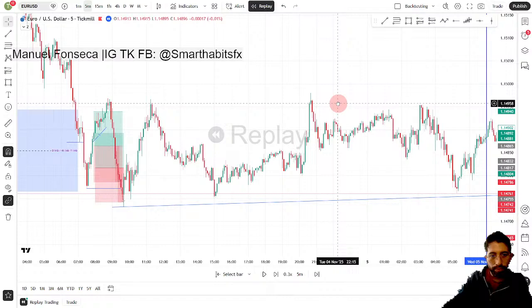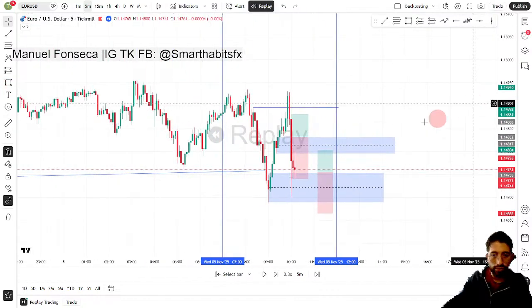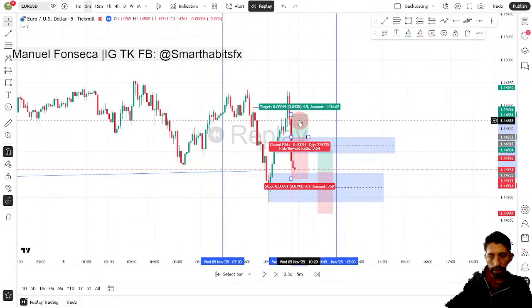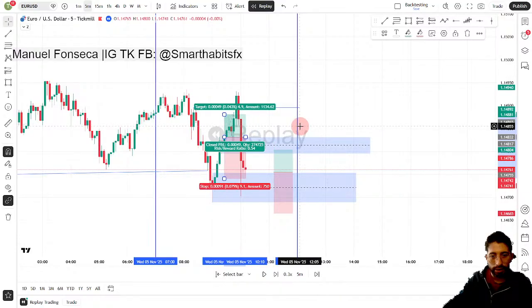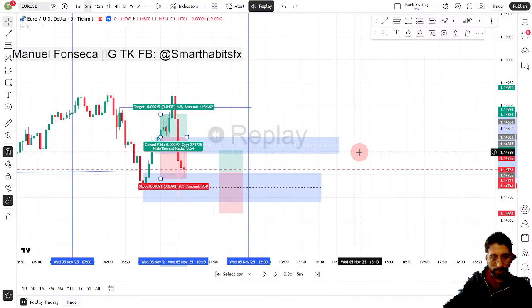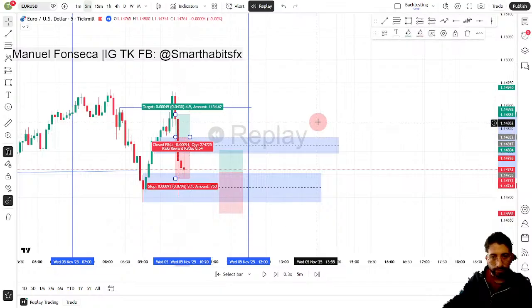And in these two possibilities, here and here, the decisional order always was mitigated. It doesn't mean that it always happens, but it means that when there is liquidity prior to the entry point, it's likely to be broken, or likely to be out of that order.